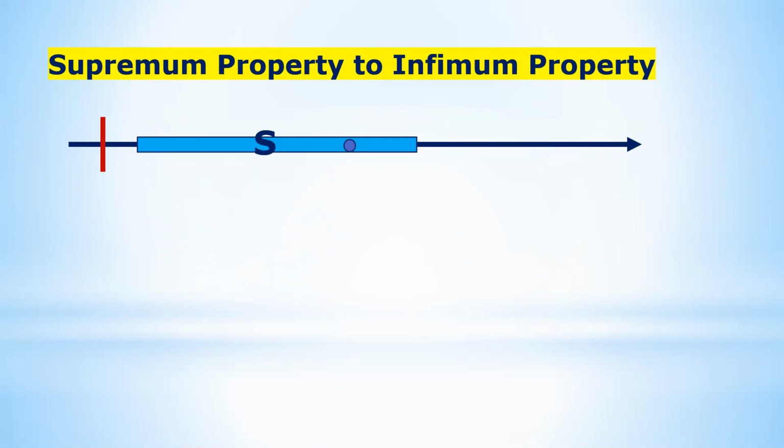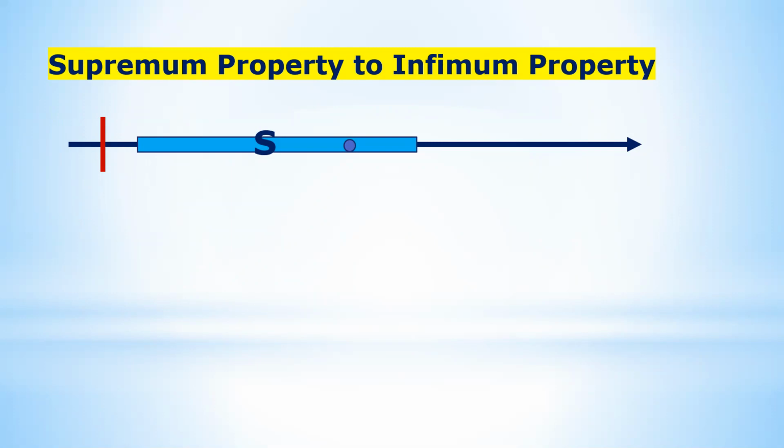I use the red bar to show you, on the left end, there's a lower bound. What we really need to show is that this set also carries the greatest lower bound, but at this time, I don't know. What we really have is the supremum property, which says that if the set is bounded above, then that set carries the least upper bound.